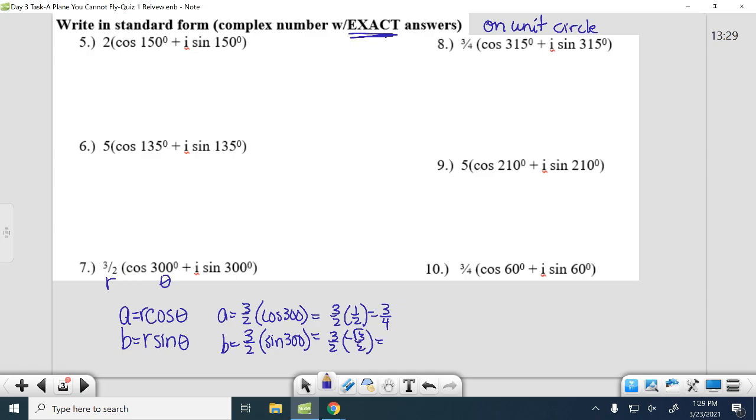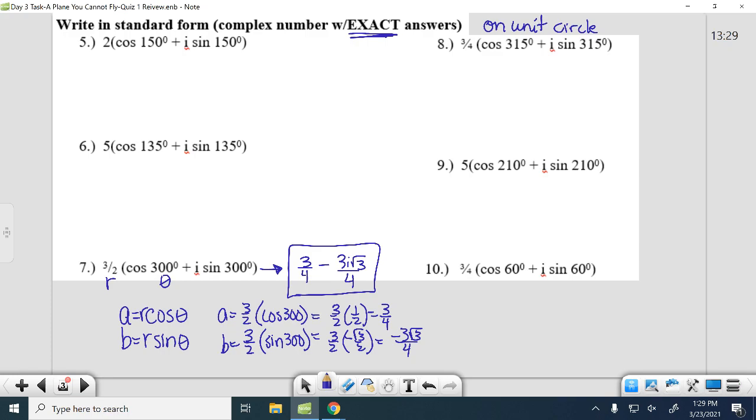And this will give us a value of negative 3 square root 3 all over 4. To put that back into standard or rectangular form, we write the real number first, 3/4, minus the imaginary 3i square root 3 all over 4. Now, if you want to write one big, giant, ugly fraction, you can put it all over 4. I just keep them separated.